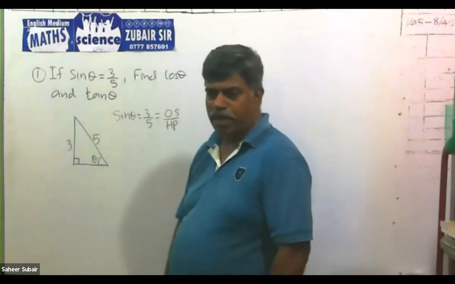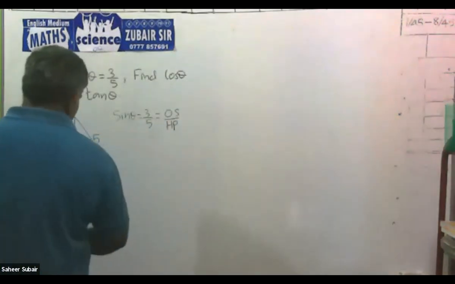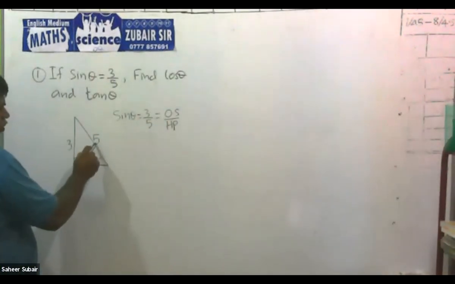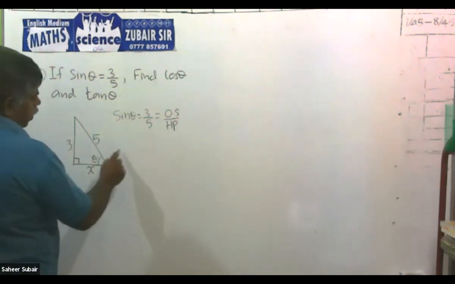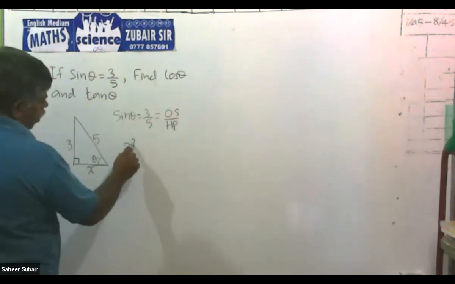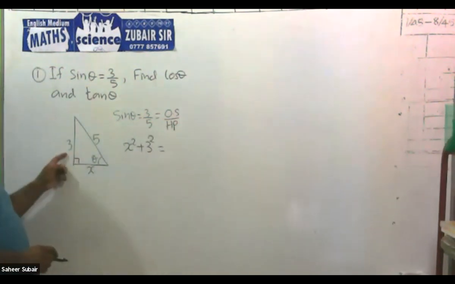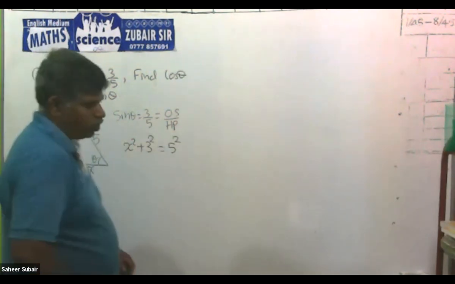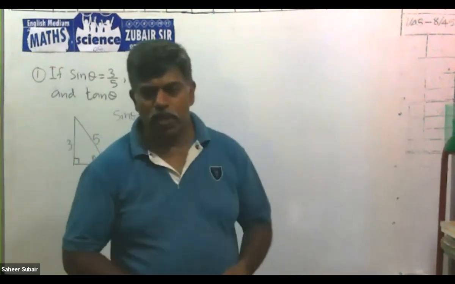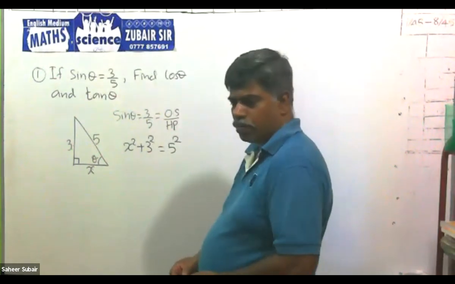How to find the adjacent side? We can use the Pythagoras theorem. According to the Pythagoras theorem, hypotenuse squared is equal to the sum of the squares of the other sides. We don't know this side, we'll say x. Then x squared plus 3 squared is equal to 5 squared.